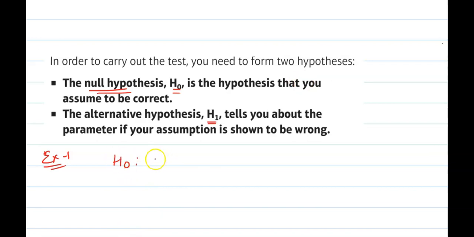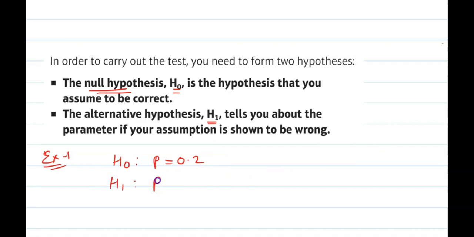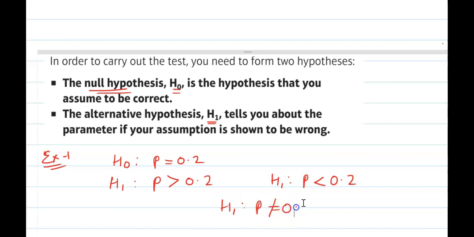H0: suppose the probability is 0.2, it is just an example. Then we need to find the alternative H1. It can be p greater than 0.2, or the alternative hypothesis can be p less than 0.2, or another alternative hypothesis is that p is not equal to 0.2.